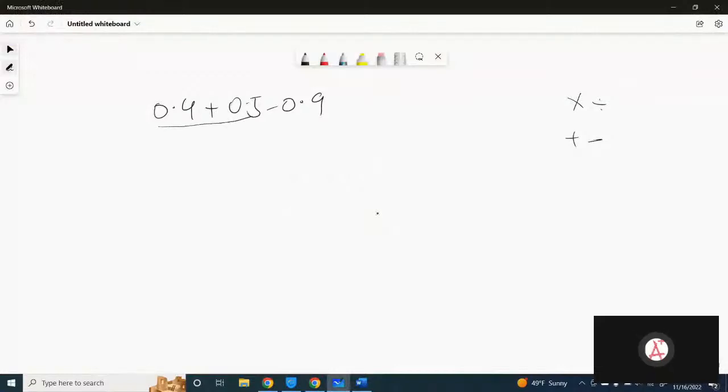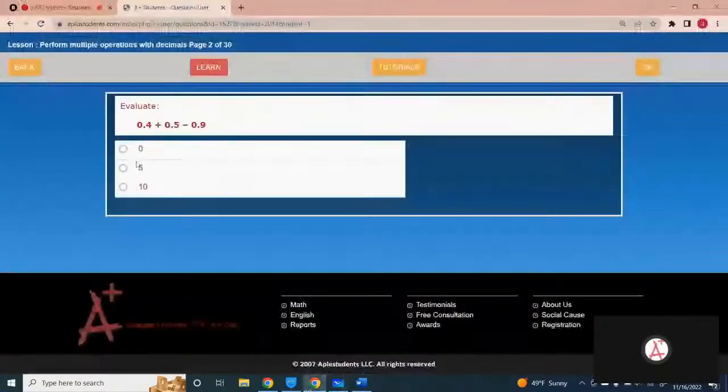Because they have equal priority, so you have to do from left to right. Got it? Let's just add 0.4 plus 0.5, so it would be 0.9, and 0.9 subtract 0.9 is 0. Got it? So the correct option is 0. Just select the correct option, then click on the OK button.